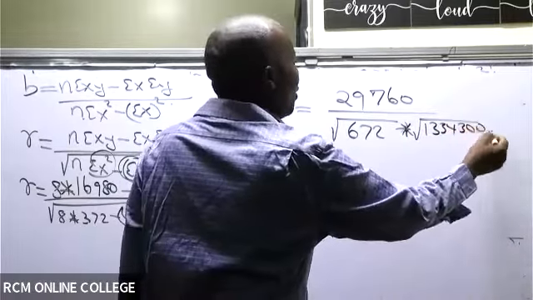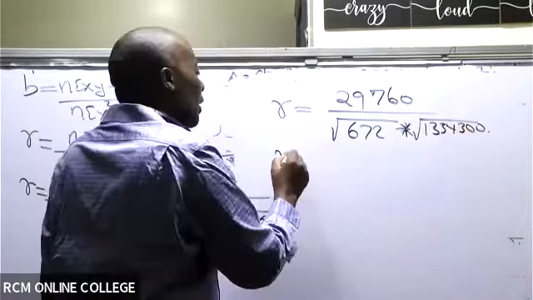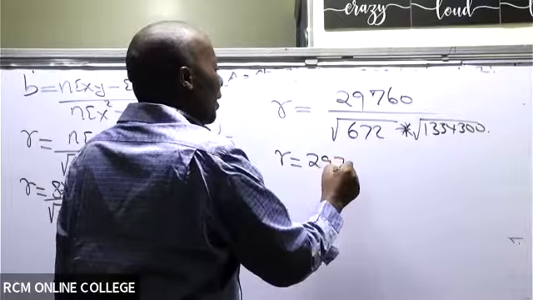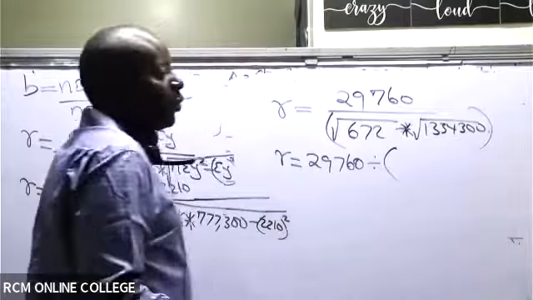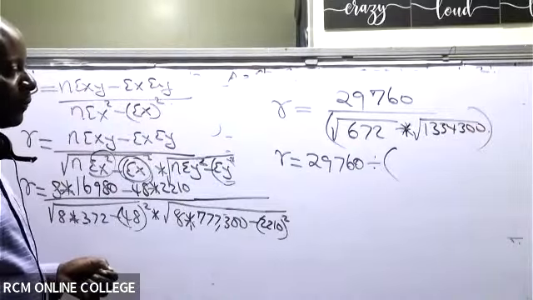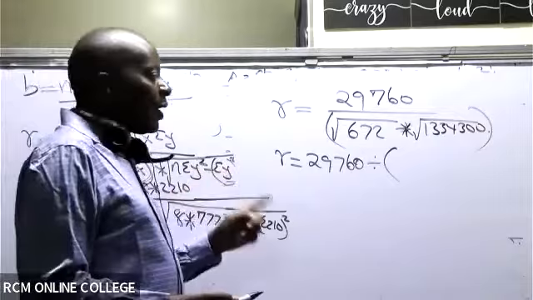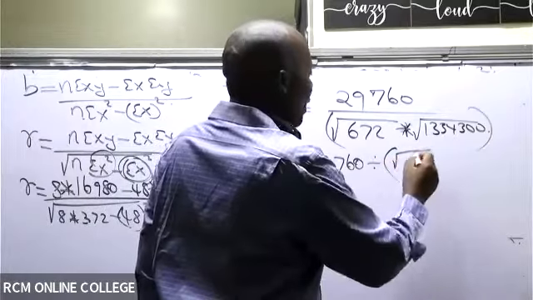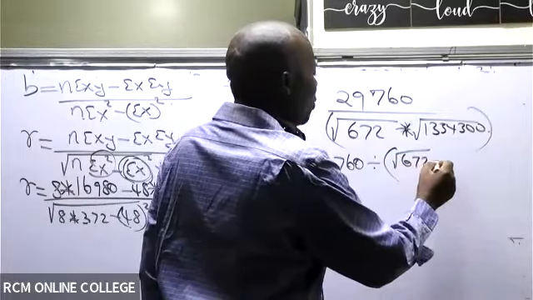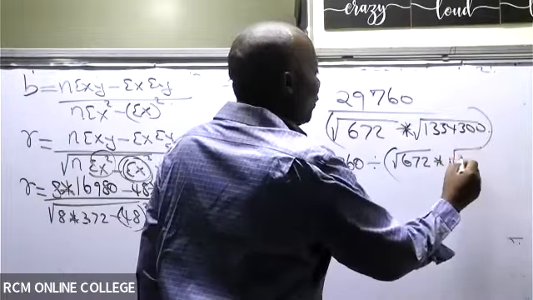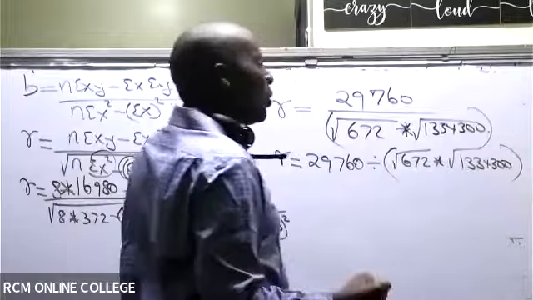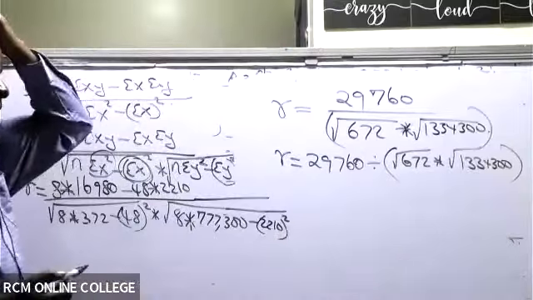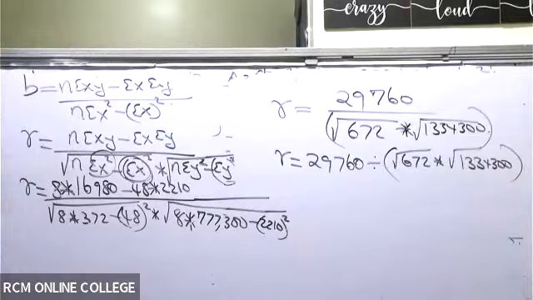So in your calculator, to get this R, you say 29,760 divided by, you open bracket here to take care of it, because there are two terms. You must always open brackets. So you say 29,760 divided by, open bracket, square root of 672 times square root of 1,334,300, and then you close bracket and press equals.